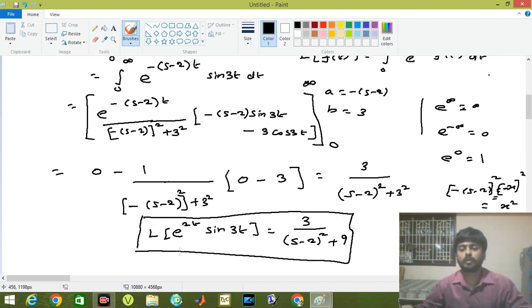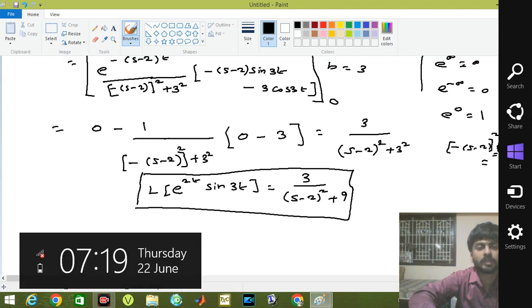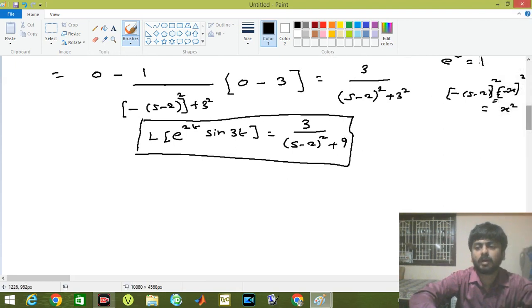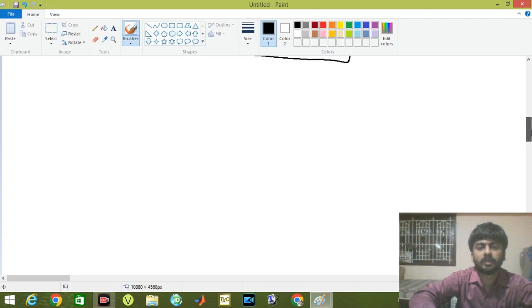If you don't know the property, if you don't know the result, you have to work through this many steps to attain the results. But now see how our property reduces our work and time.